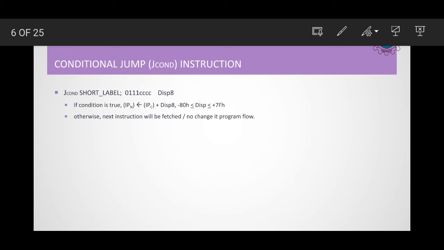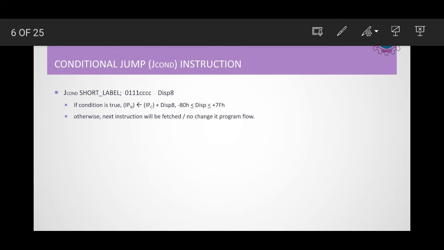In case the condition becomes true, IP will be added with this 8-bit displacement, and you will have a new IP. That is, if the condition is true, the jump will be executed, and that jump may be in the range of plus 7FH in the forward direction, and in the reverse direction minus 80H.